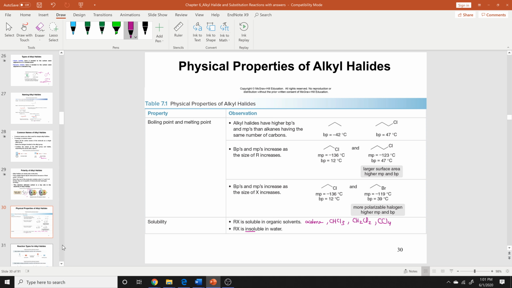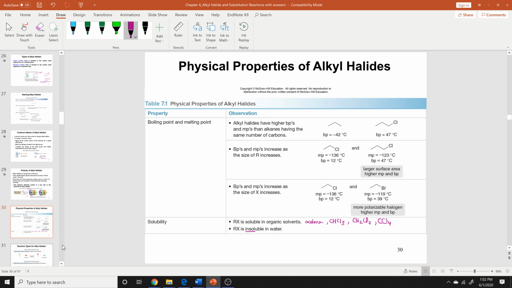With respect to the melting and boiling points, alkyl halides have higher boiling and melting points than alkanes that have the same carbon number. The more carbons you have in the chain, the higher the boiling point and the melting point. The reason is that the surface area is going to be larger. The melting point and boiling point also normally increase with the size of the halogen.